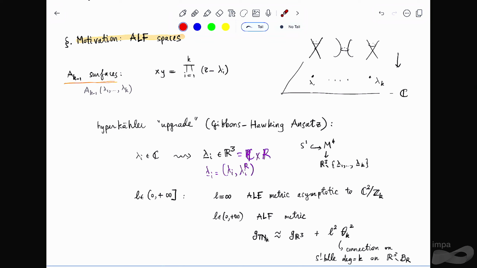Where some of the complex lambda_i come together, the freedom you have to consider distinct real parameters corresponds to doing minimal resolutions. The affine variety would be singular, and the real parameter encodes the choice of a Kähler class on the minimal resolution of that singular complex affine variety. Yeah, thanks a lot.